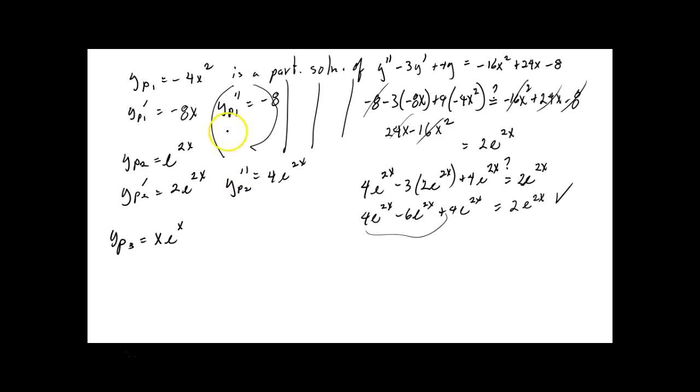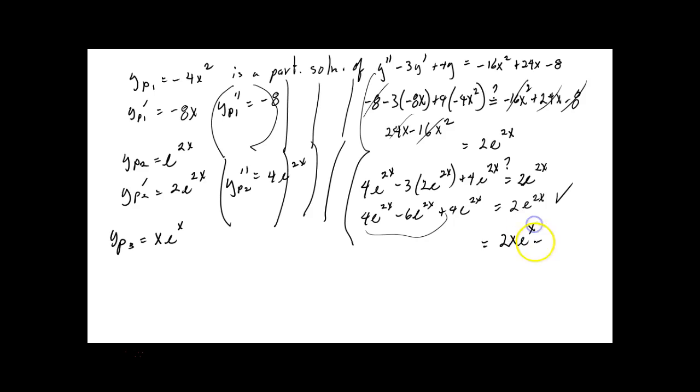It is supposed to be a particular solution of this thing here, that whole first part, y double prime and all this, everything identical, equal to 2x e to the x minus e to the x.